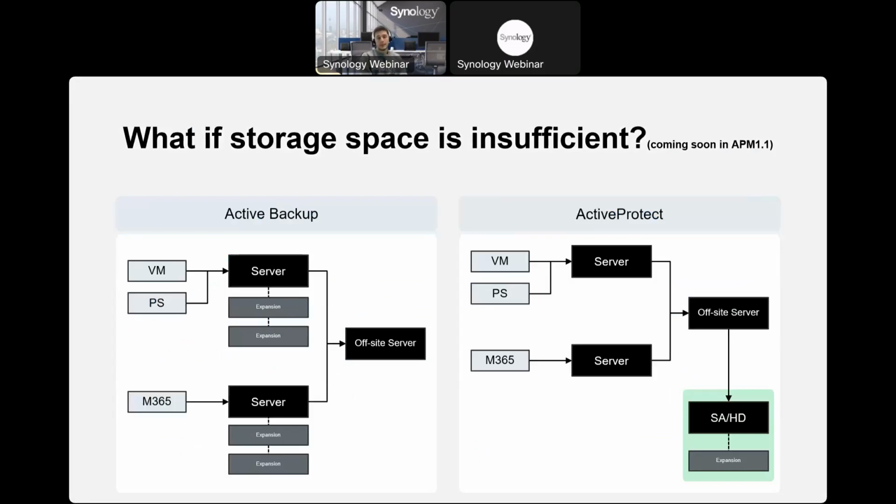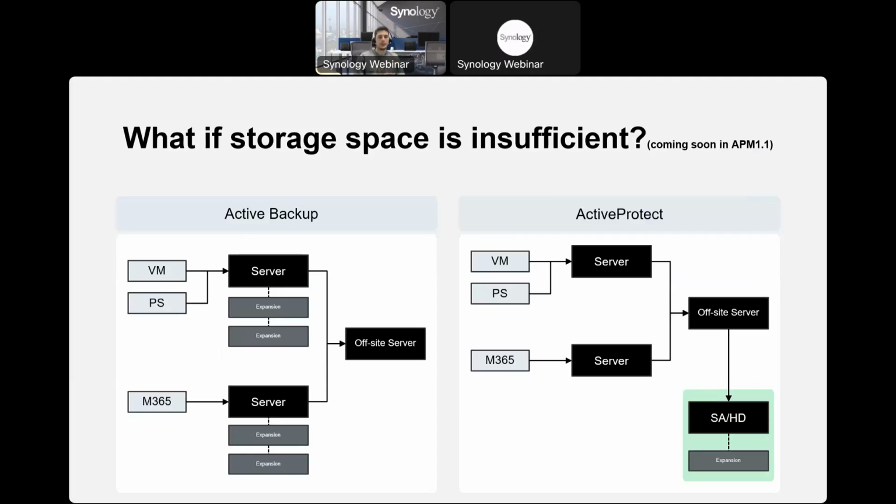Unlike in the past, where expansion units were necessary, leading to management inconvenience and the inability to centrally store data, because you had to install the extension units to the site where the server is. As you can see on the left-hand side, that is the case.